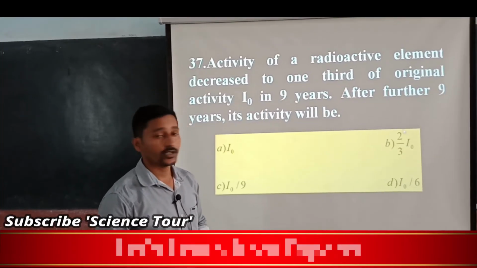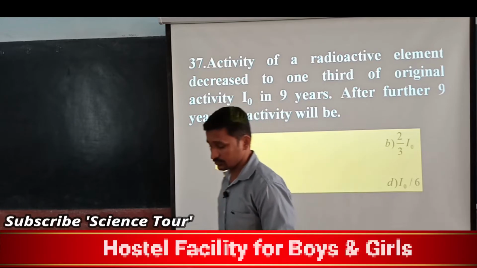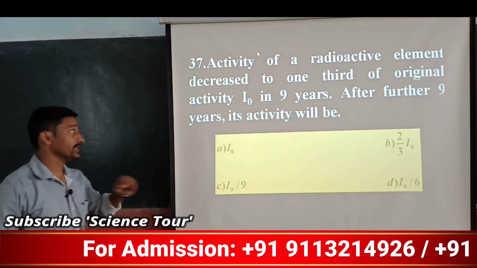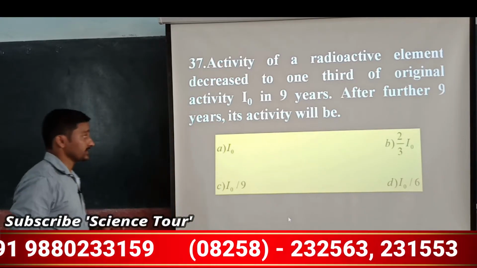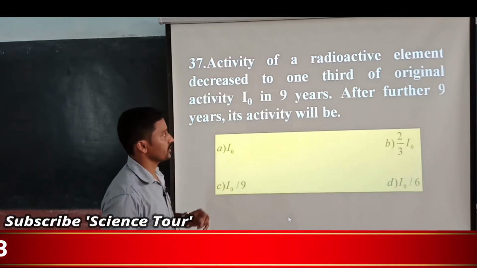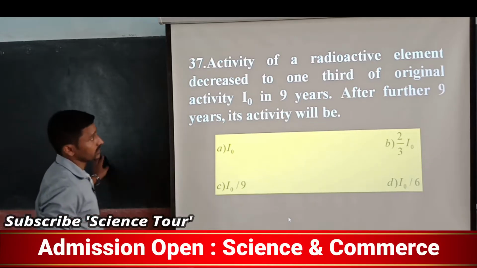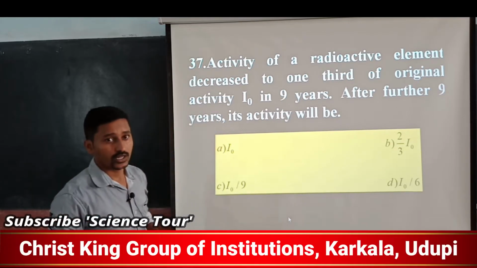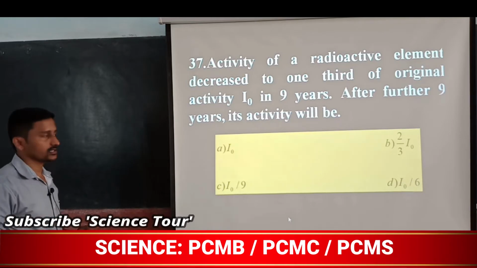We were talking about the questions of nuclei, and the next question is: the activity of a radioactive element decreased to 1/3 of its original activity I naught in 9 years. After further 9 years, its activity will be? See, the rate of change of A by A naught will be constant, nearly equally it is decreasing.